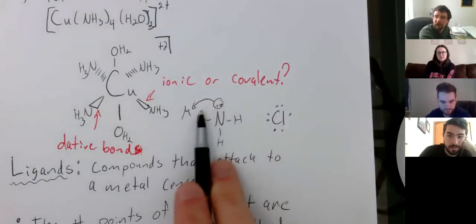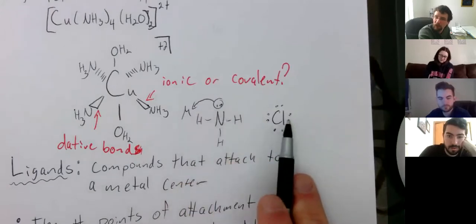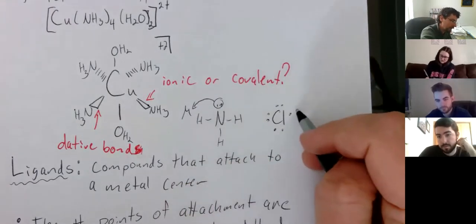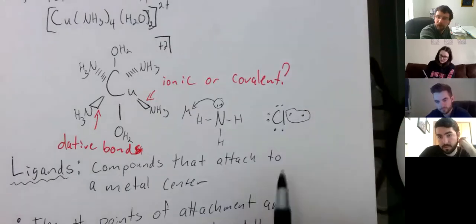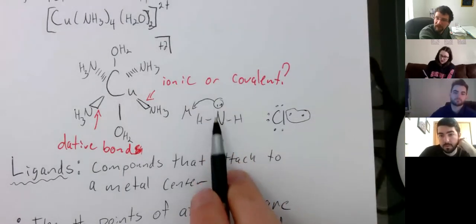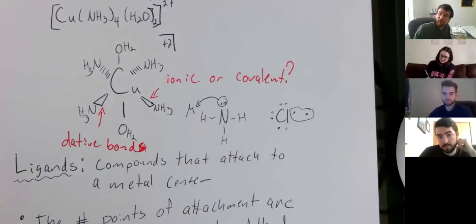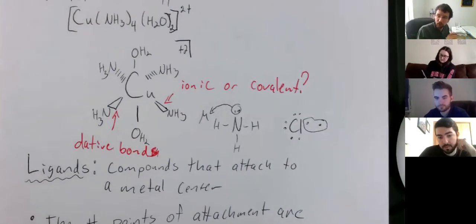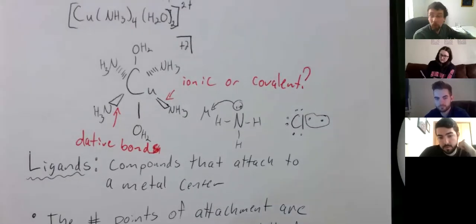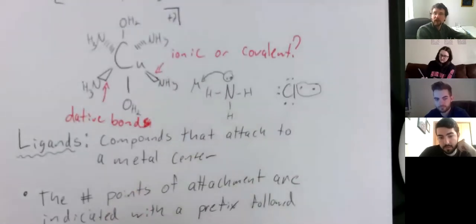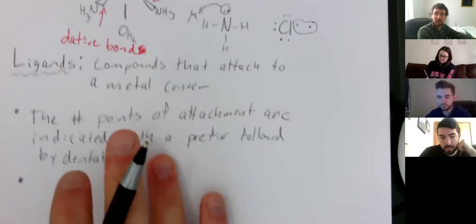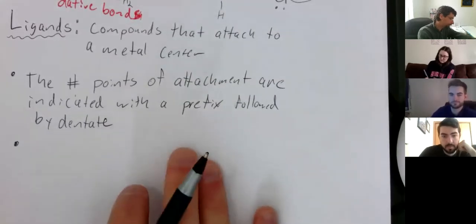So that's an example of a dative bond where this guy's a radical. Most likely what it'll want to do is pair up with another electron. So this is an example of a dative bond. John, you are right. It happens because of those d orbitals. Without those d orbitals, this interaction wouldn't happen. But we've seen instances where you don't need d orbitals to make it happen.